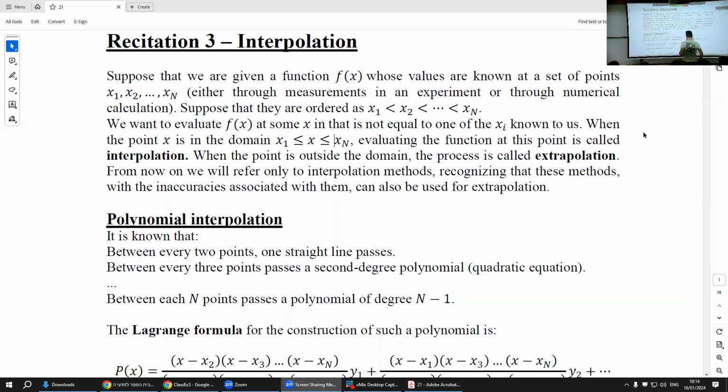So what is this polynomial? How can I build this? It's very easy. I take the product going over all the i's from 1 to n, but not j, of x minus xi divided by xj minus xi.